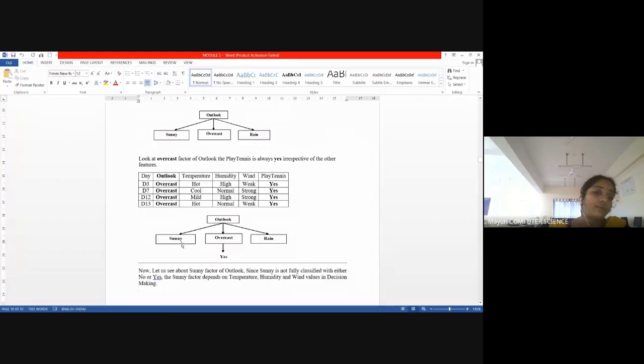Now I have to correlate my other attributes with sunny, and then correlate other attributes with rain, where the dependency is there. So with that, I can proceed further or not, I have to see. You have to grow the tree till it is completely classified with either yes or no. Understood?